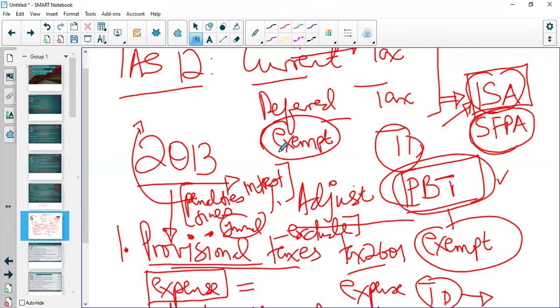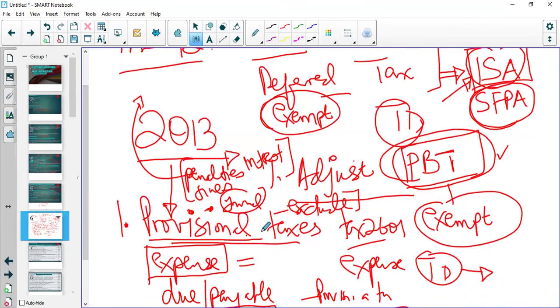So you need to adjust for it. So first of all, you will use it to adjust the profit before tax because it's a legitimate expense of the entity, but it's not deductible for tax purposes. That's why it's going to be exempt. So provisional taxes is not an expense, right? It's a contribution towards paying the final tax bill, but we pay in advance, right? Provisionally. That's why it's provisional.